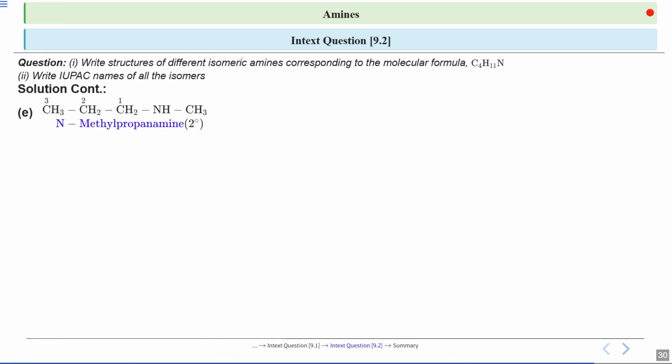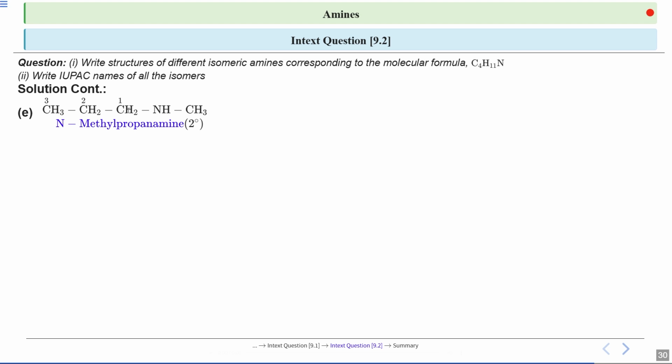Now this is another isomer of C4H11N. Here we discussed where it was a primary amine. In this case, you will see it is a secondary amine. First I have taken this as the longest carbon chain because here there are 3 carbon atoms, that is this 1, 2 and 3.